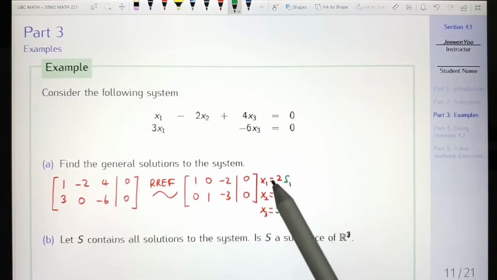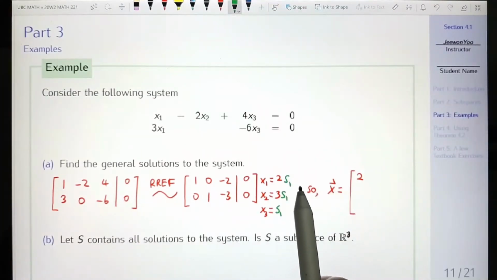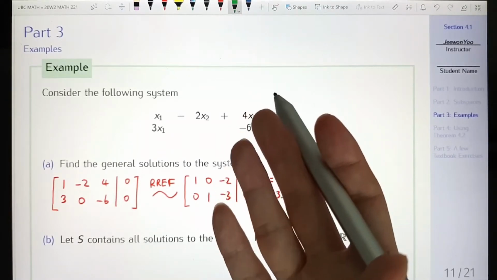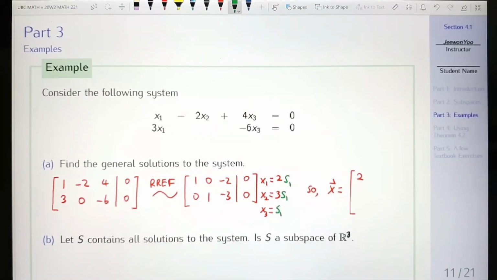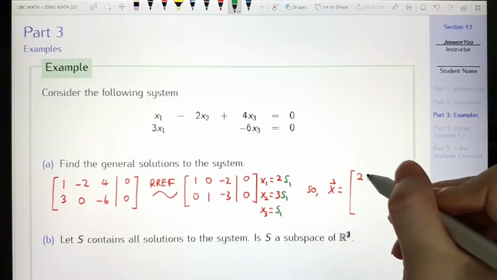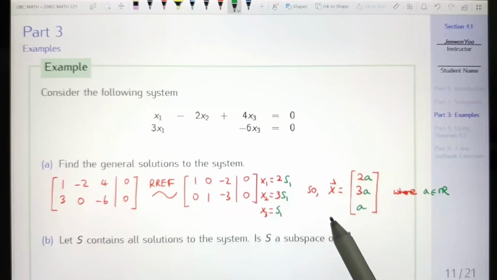In other words, if you want to write this in vector form, for this time, can I just change the scalars S1, S1, S1 to A or B or T, something like this? Because these are just dummy variables for a scalar. Thank you. This is the solutions in vector form, and here's the general solutions.